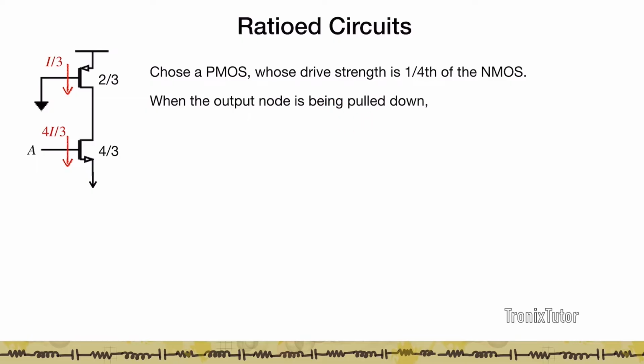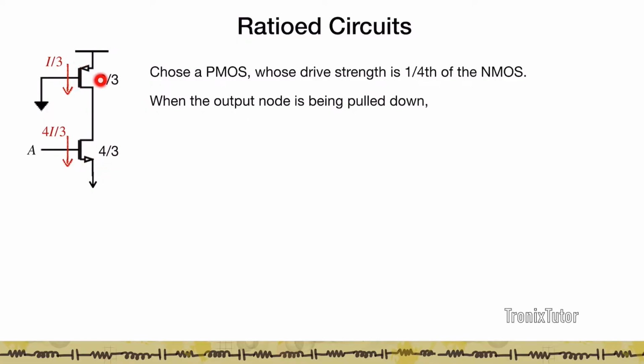If I think about the smallest CMOS inverter in this technology, let's say it has a current I during pull up and pull down. Now in this CMOS, the NMOS had a size of 1, so it was flowing a current I. Here the NMOS has a size of 4/3, so it's going to pull a current of 4I/3 across the NMOS.